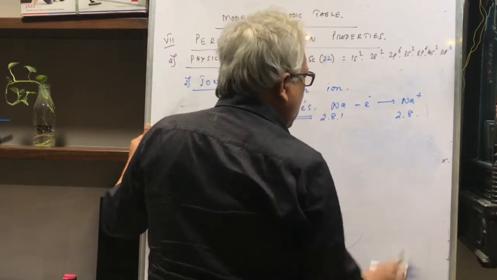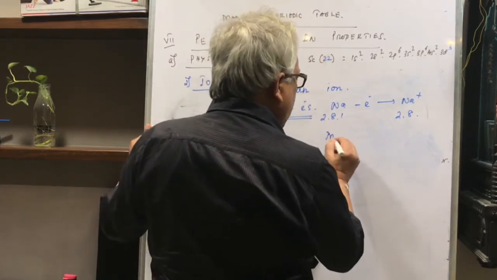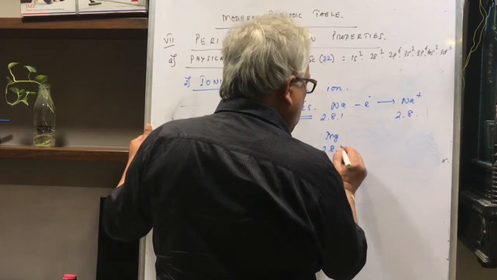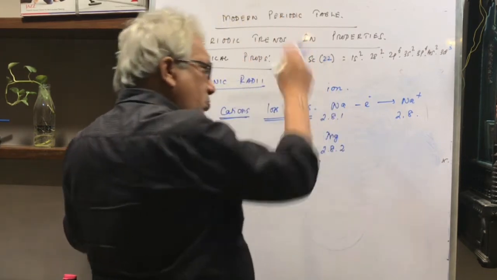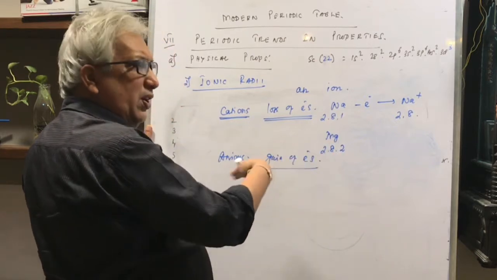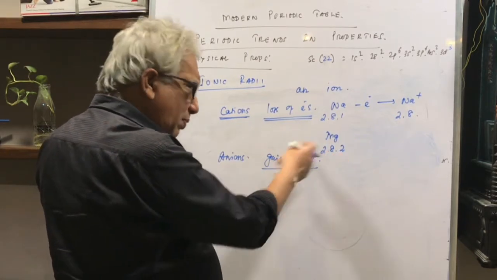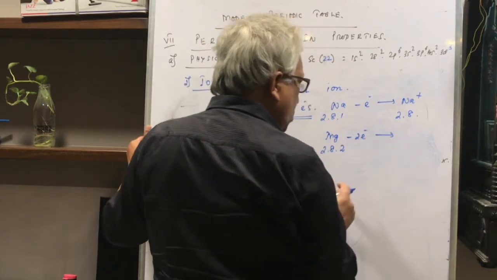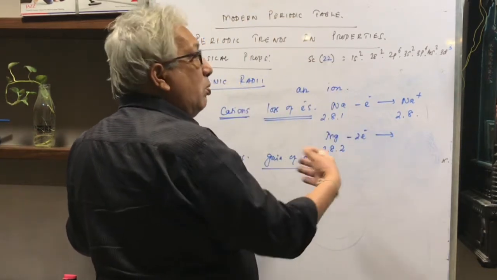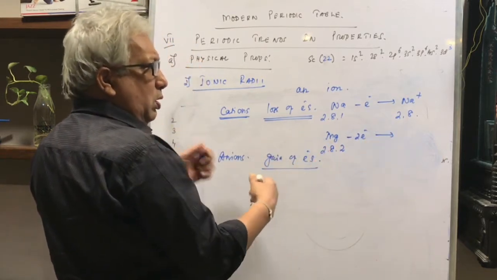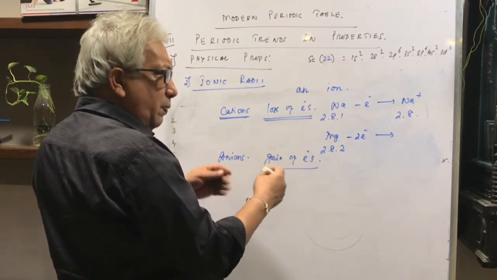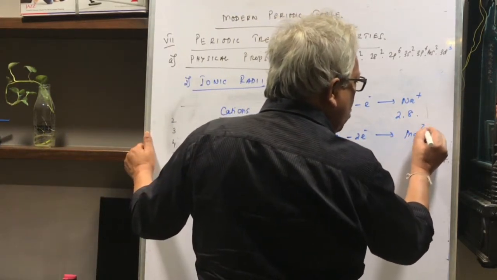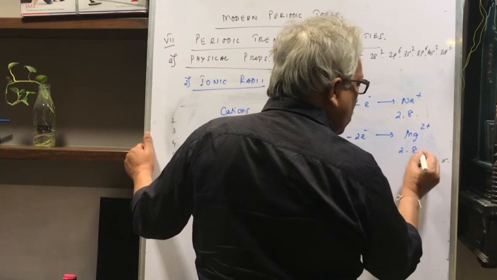The same thing happens in magnesium. If you think of magnesium, 2, 8, 2. I am writing the school-way configuration. I could have written 1s2 2s2 2p6 and so on, but I am writing like this. Now it loses 2 electrons, and both the electrons are from the outermost shell. The moment that happens, the outermost shell is no more considered, and therefore this becomes Mg2 plus, and its configuration is 2, 8.